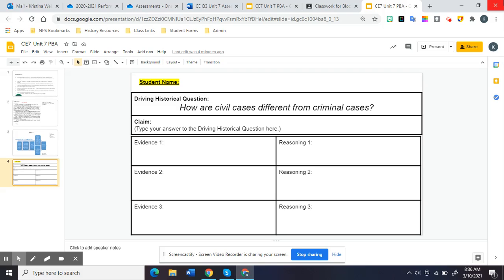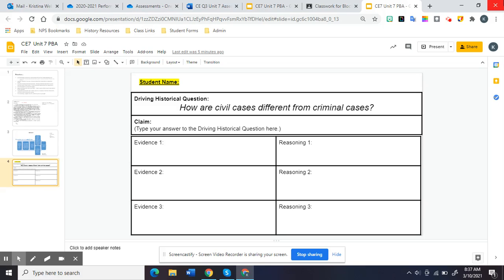Then for each piece of evidence, you're going to go back and reread the documents and pull a specific line or sentence, and that will be your evidence. They must be direct quotes. For your reasoning, you're then going to explain how your evidence answers or proves you right. This is like your proof, your receipts, and you're explaining in the reasoning why those receipts prove you right.